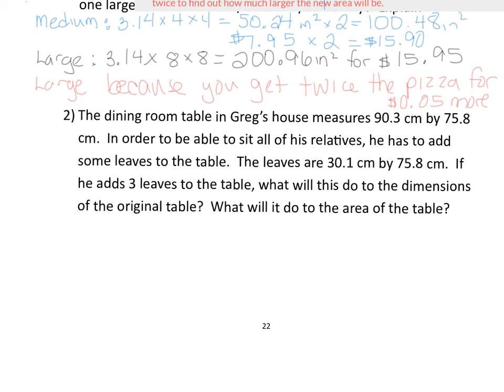In a table, if this is my table, a leaf is a piece that you can add to it to make it longer. So when it says that he has to add some leaves to the table, he's not adding parts of the tree to the table or parts of plants. He's adding sections of the table to help make it longer. Because he's having more of his relatives at his house than normal, he needs a larger table.